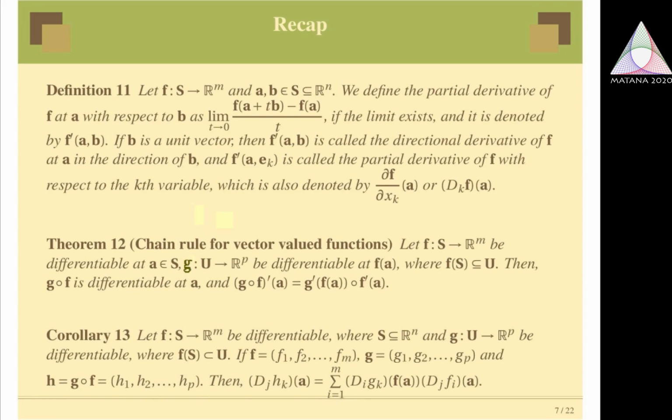Then the jth partial derivative of hk is the kjth entry of the product of the matrices representing g'(f(A)) and f'(A) with respect to the standard basis. That is, Dj hk at A is given by the summation of Di gk(f(A)) times Dj fi(A), where i varies from 1 to m.